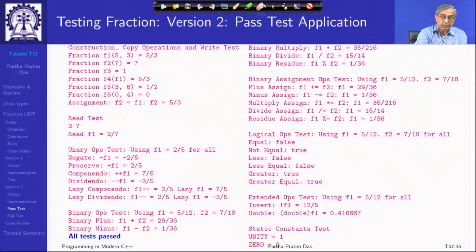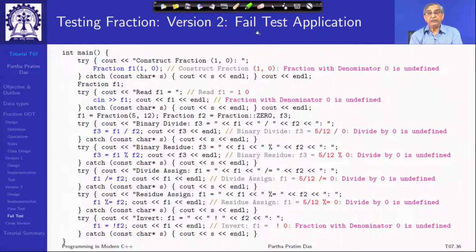Now, one thing which you might also want to test is what happens if you have a failure. For example, what if somebody tries to construct a fraction with a denominator which is 0. Naturally, those things will throw in your code.